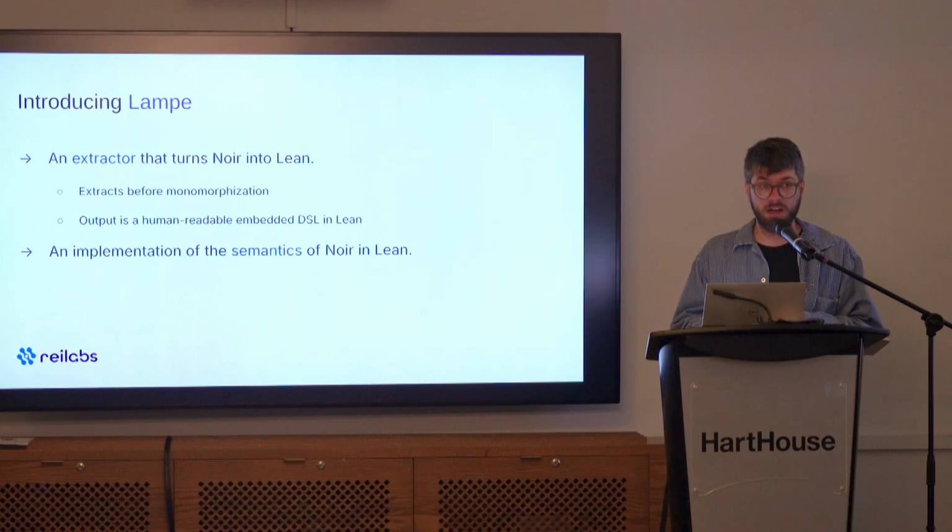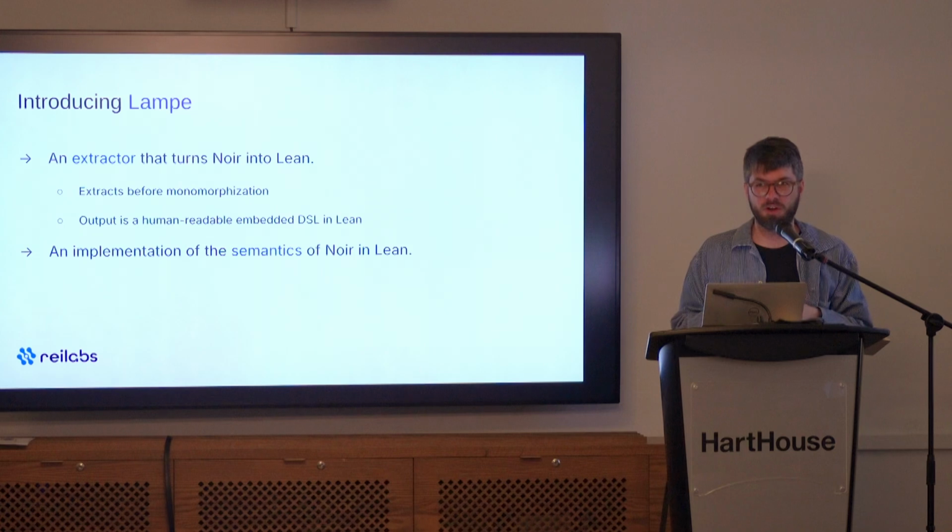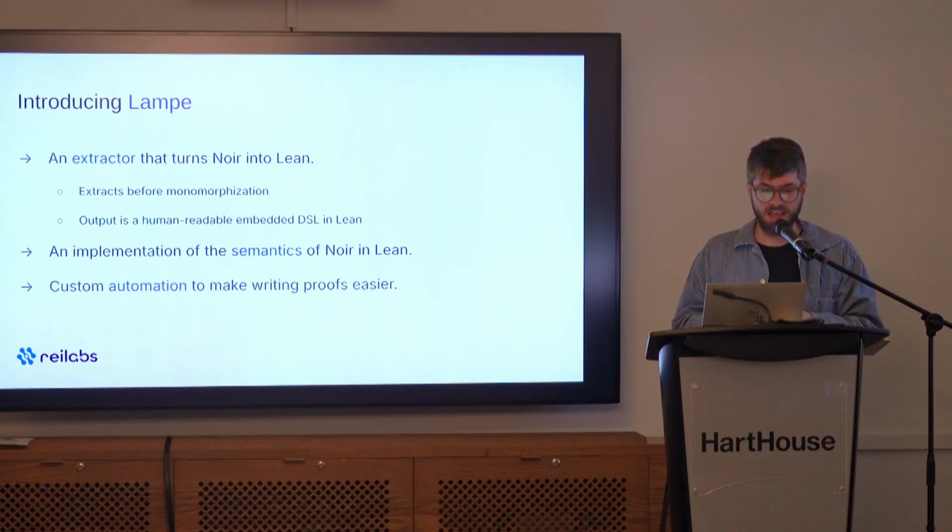The next component of Lampe is the implementation of the semantics of Noir in Lean. I'll say a little bit more about exactly what semantics means in the context of formal verification. But essentially, this is where we encode what a block of Noir code actually means, and this is where we actually start reasoning about things. And then the last component, which is important to make the tool usable and friendly for users, is automation.